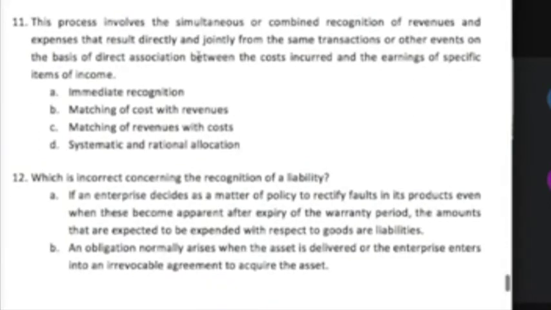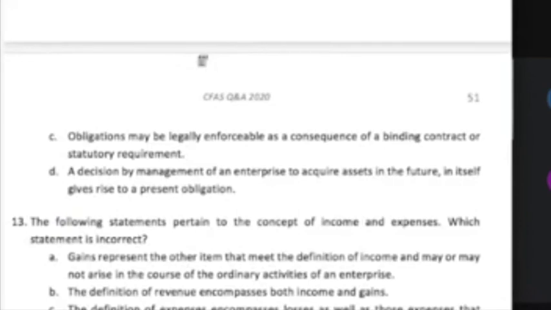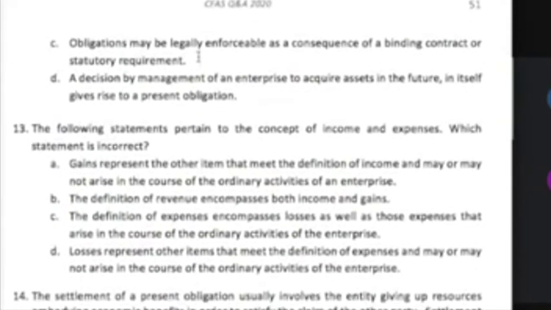Let's have 13. The following statement pertains to the concept of income and expense. Which statement is correct? Letter B, sir. The definition of income encompasses both the revenue and gains. Revenue arises in the course of the ordinary activities of an entity and is referred to by a variety of different names, including sales, fees, interest, dividends, royalties, rent.